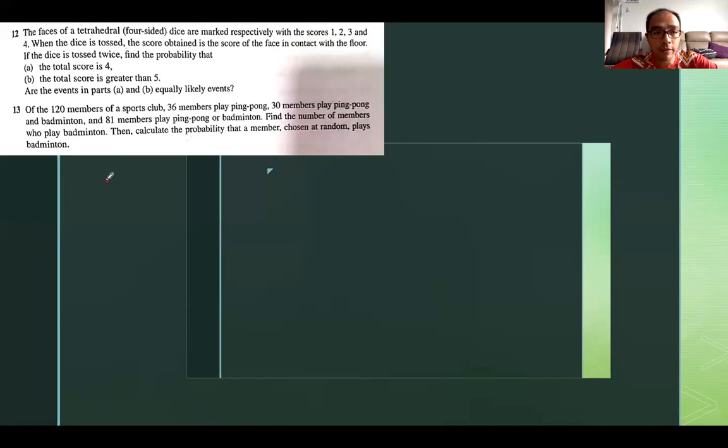This one now we may have to do a subset. Subset like this. So if this is ping pong, and we call this badminton, remember there are 120 altogether. The very obvious one is 30 members play both ping pong and badminton. So in here is 30. Over here is 36.